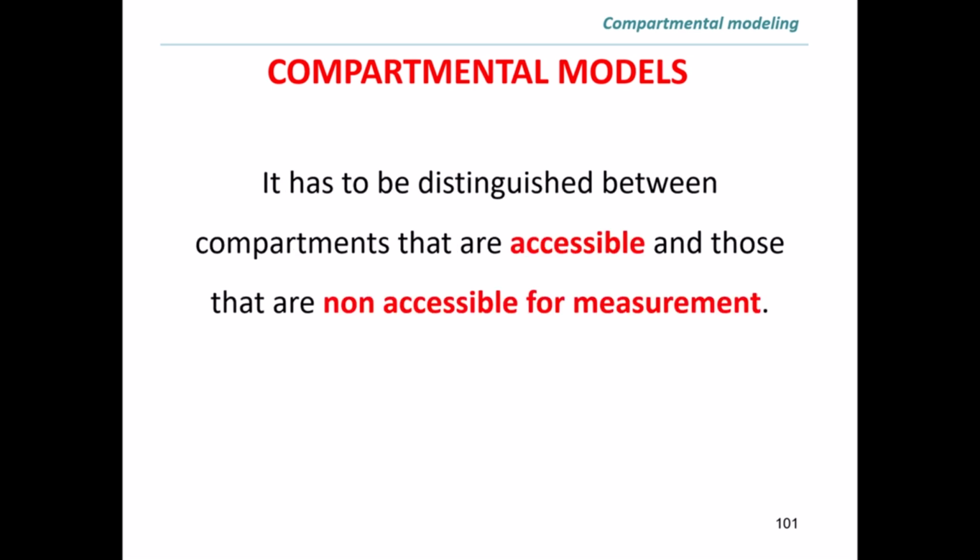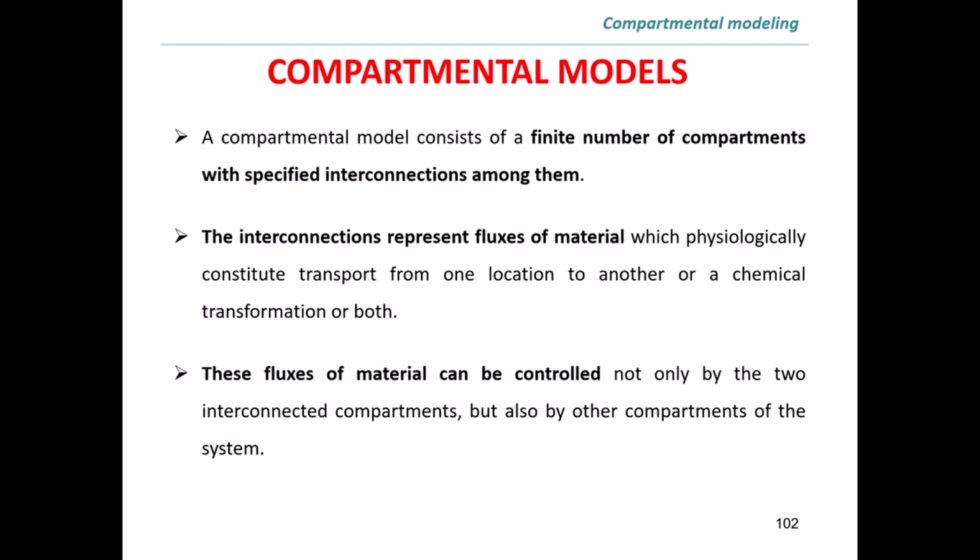So when we refer to a compartment, we can distinguish between compartments that are accessible and other compartments that are not accessible for making measurements. So having given the definition of a compartment, we can describe a compartmental model. A compartmental model consists of a finite number of compartments with specified interconnections among them.